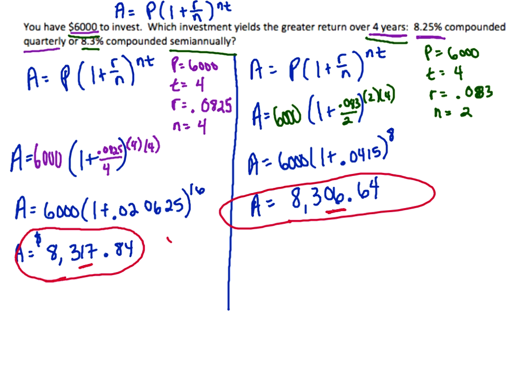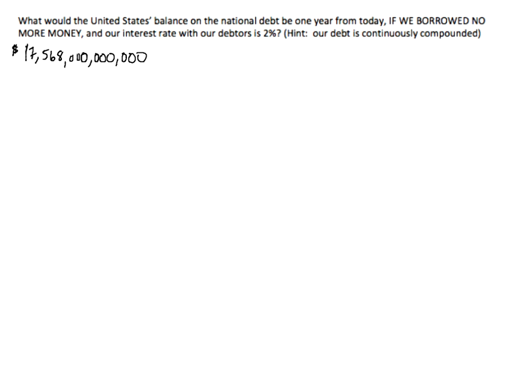So this is an important lesson when you go to invest, that you really want to look at how everything is going to affect that account balance, because off the top, most people would have chosen the higher interest rate, when in actuality, that lower interest rate, but compounding more times a year, is more beneficial to you. So I hope that this was an interesting problem for you to see. All right, so let's move forward.